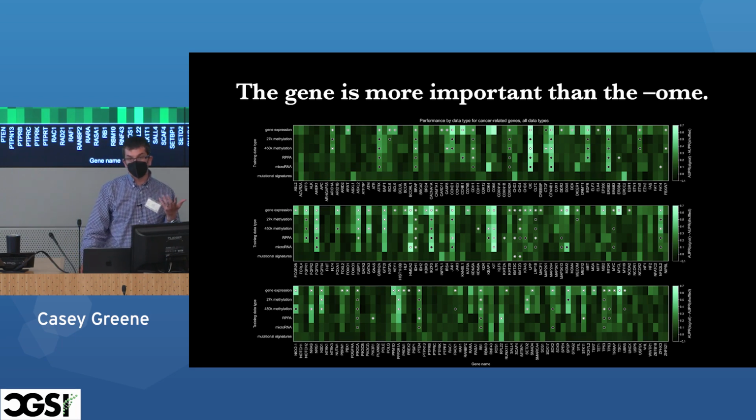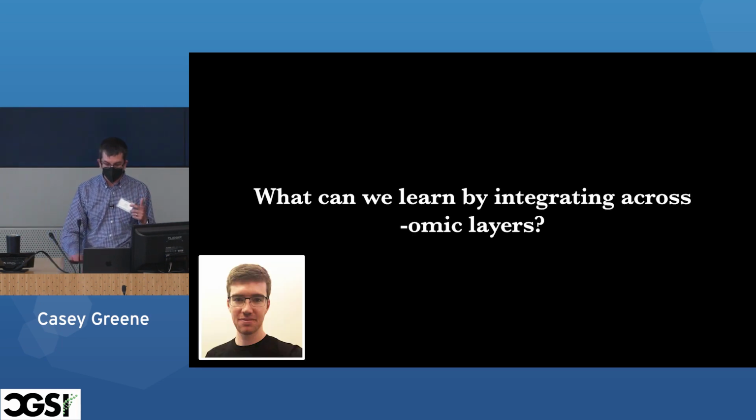If you have to pick, you're probably better off with RNA-seq data, but sometimes it's pretty hard to get RNA-seq data of high quality given sample collection characteristics. And so in those settings, if you need to profile methylation or something else, really a lot of the same signal is there. And I didn't show you the RPPA, microRNA, or mutational signatures results as we were zooming through. But if you want to look at the paper, all those results are actually in the paper.